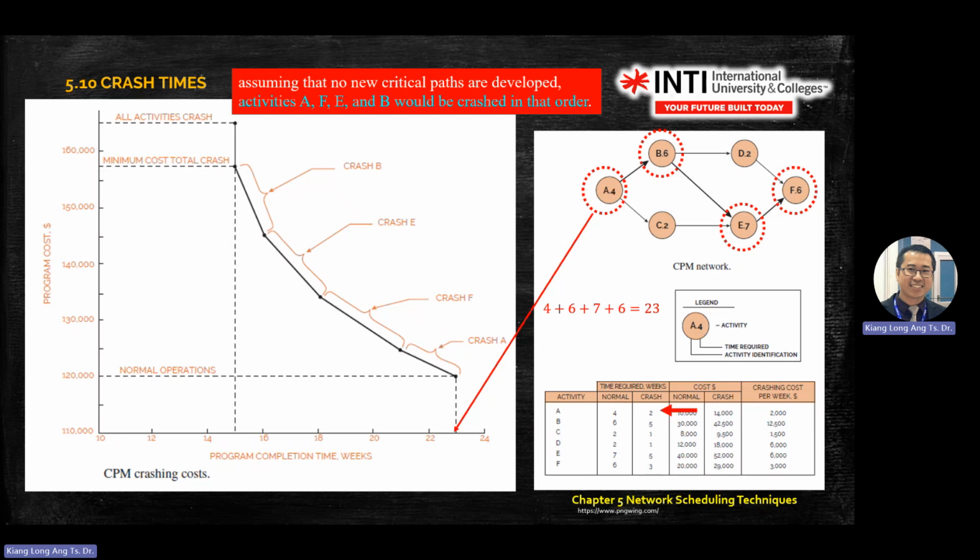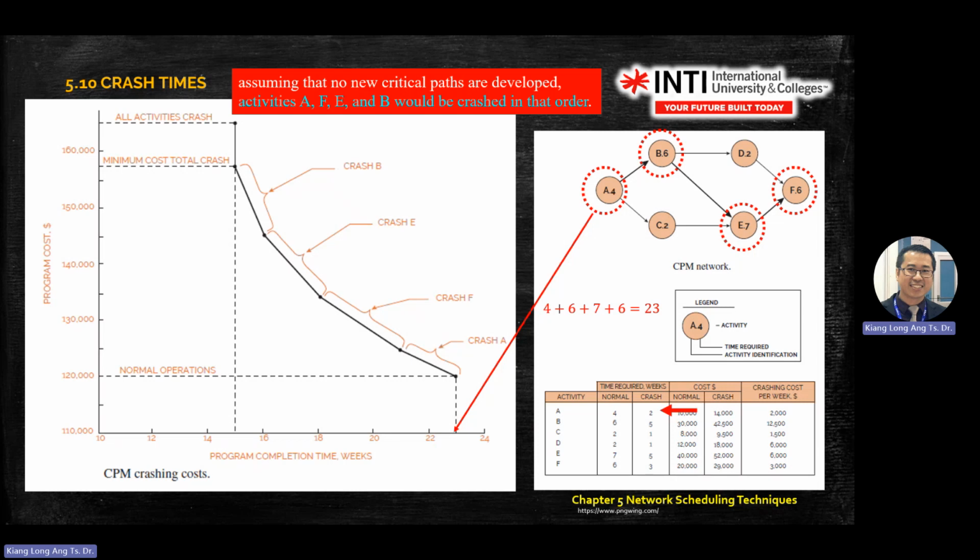It's not the normal cost, it looks at the crash column. You look at A the lowest, then the critical path is A, B, E, F. The critical path is the one I highlight with the dotted circle. So 2,000 followed by 3,000, then 6,000, then the last one 12,500.